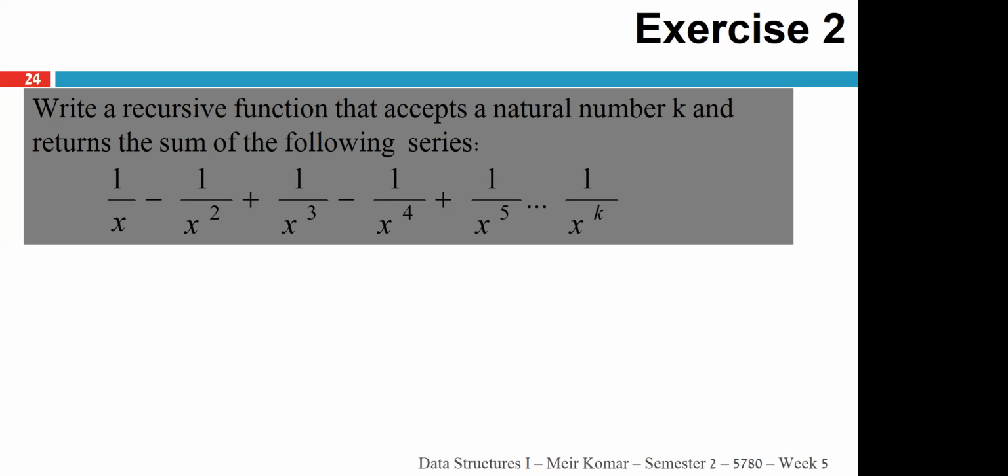Are we supposed to know what X is? Yeah, you'd have to input X and a K. X is a parameter, because it just seems to be saying the function accepts K. Very correct. The question is not written correctly, and we're doing it in pseudocode.